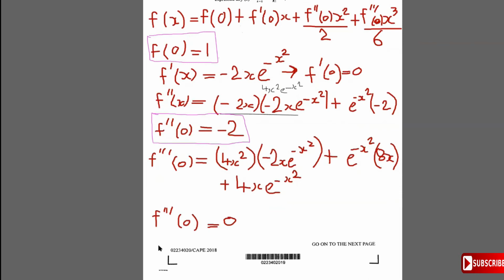So let's go differentiate again. So let me make space and do the derivative here, once I have space to do all the derivatives right here. So I was getting f triple prime of 0 is equal to 0.